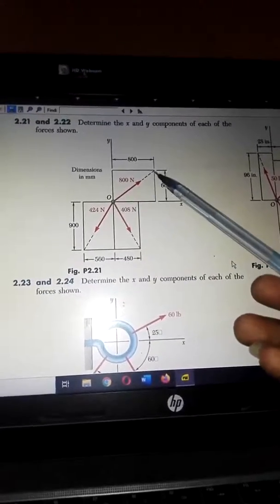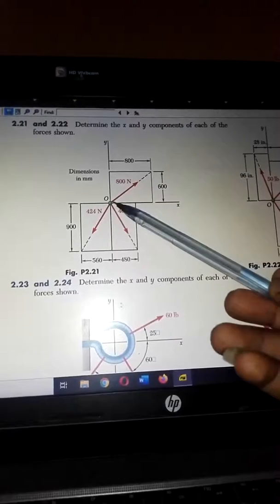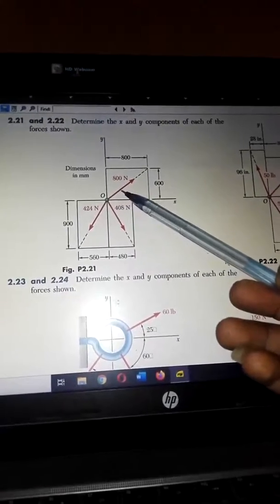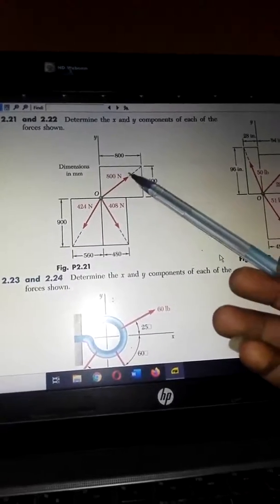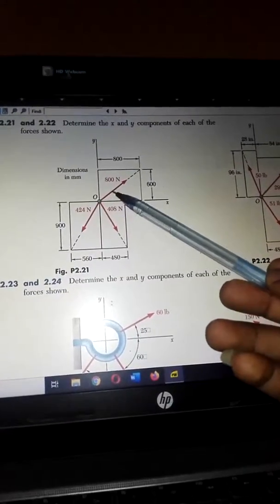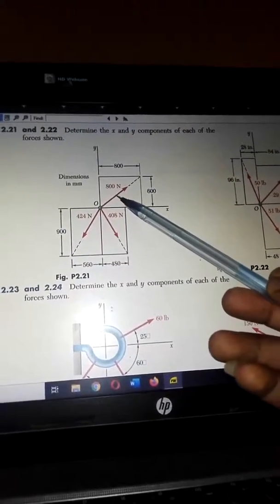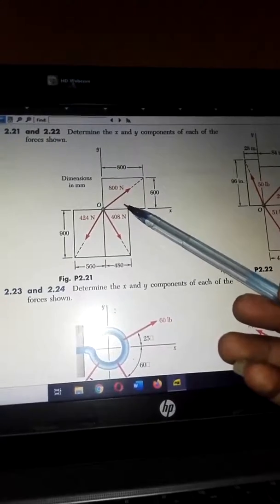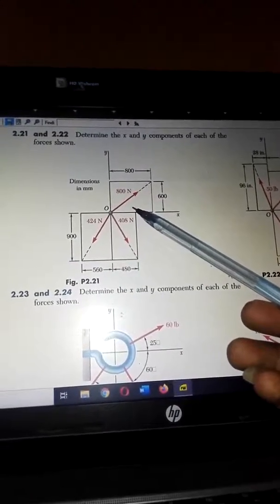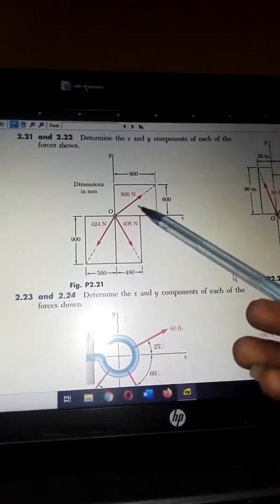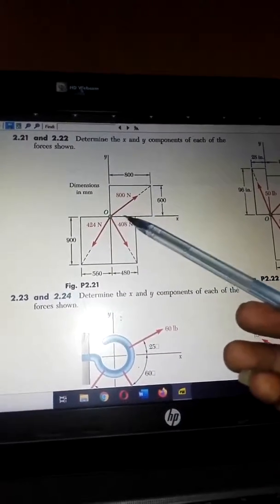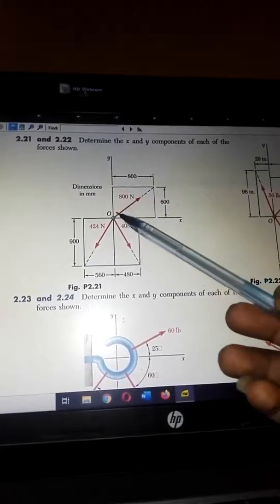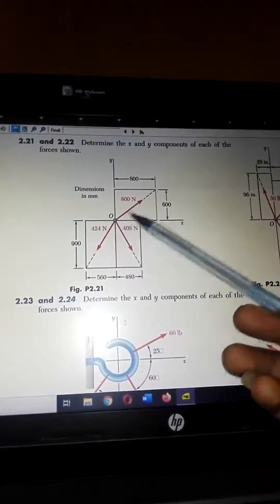If you want to get this angle, or the length of this side, the cosine of this angle, according to your SOHCAHTOA, is adjacent over hypotenuse. What's the side adjacent to this angle? Adjacent is this side, that's 800, over hypotenuse. Hypotenuse will be the length of this.